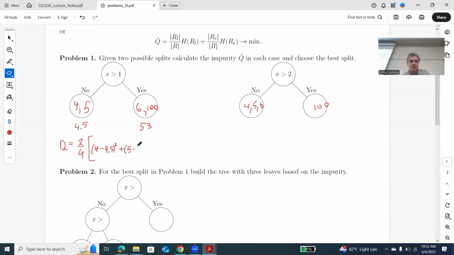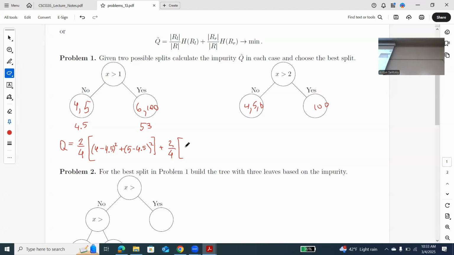And 5 minus prediction. Plus the right node. And again, in this case, because we have just 2 values, you can see that this will be the same as that.